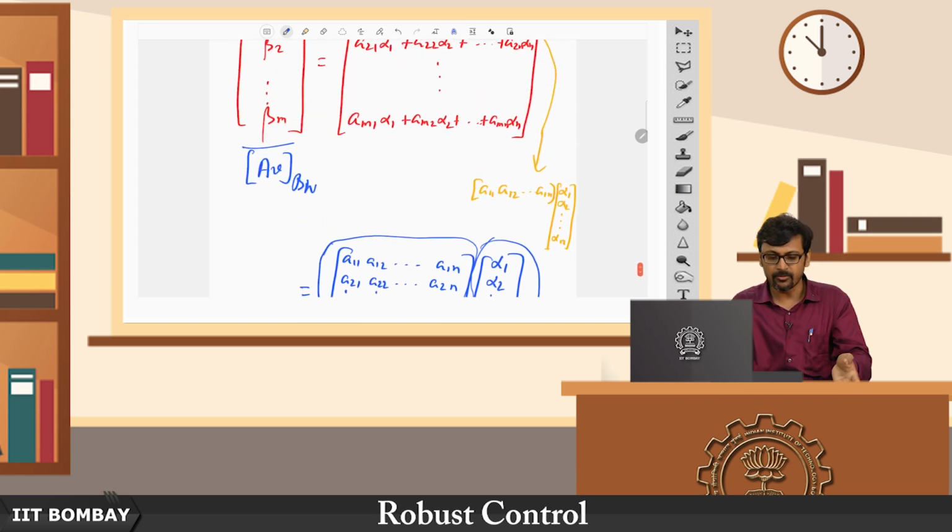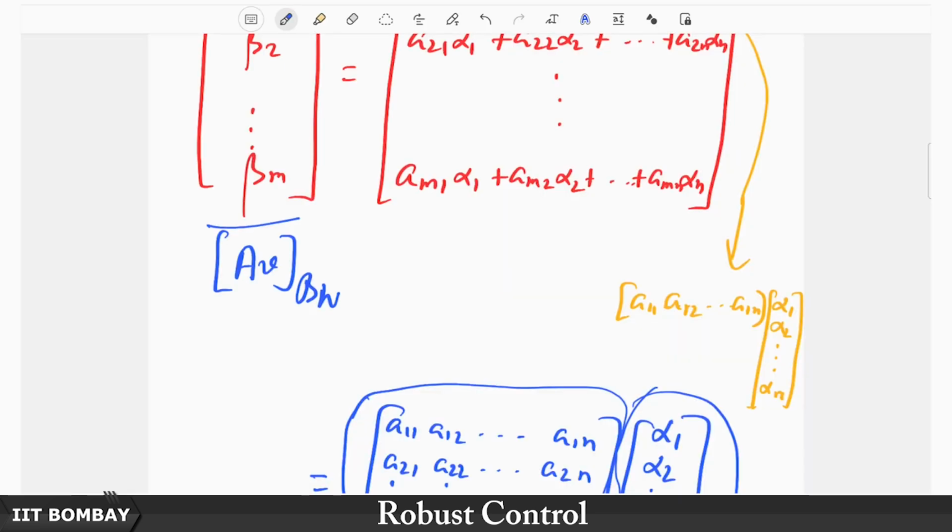So, once you have represented objects in vector spaces through a coordinate transformation in terms of these ordered bases, then it turns out that a linear map between two abstract vector spaces is nothing but a matrix, equivalent to a matrix between two spaces that are represented as n tuples of numbers or columns of numbers.